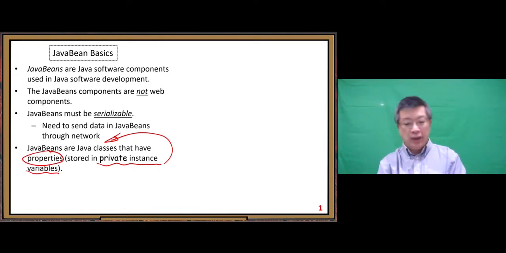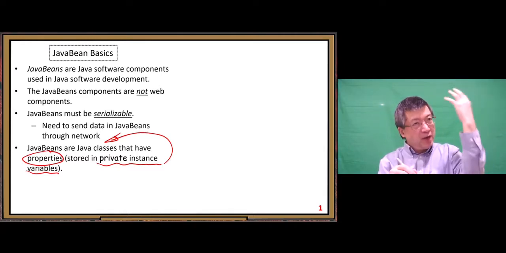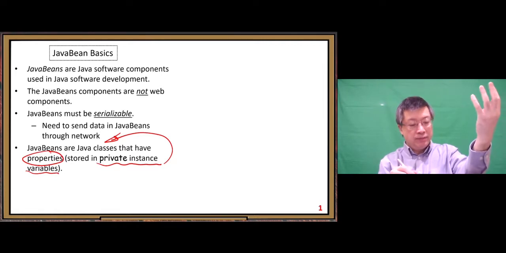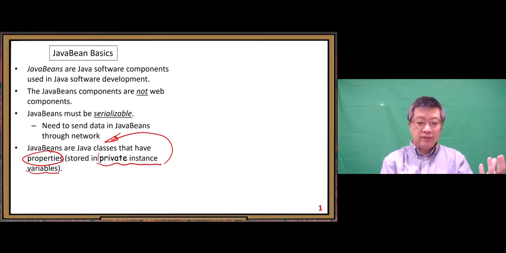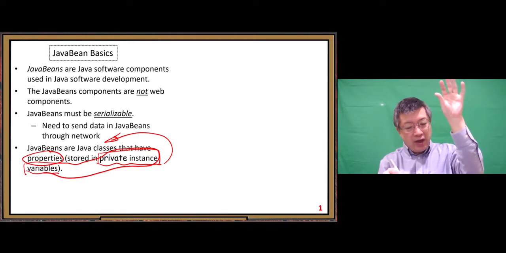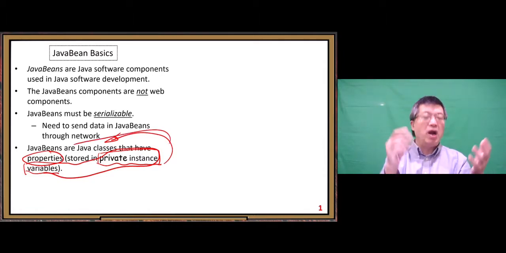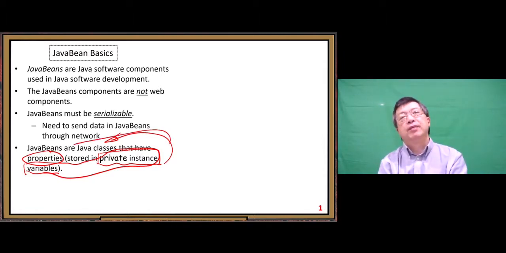So if a Java class is a valid JavaBean, then what we call private instance variables in Java classes, in JavaBeans we call properties.